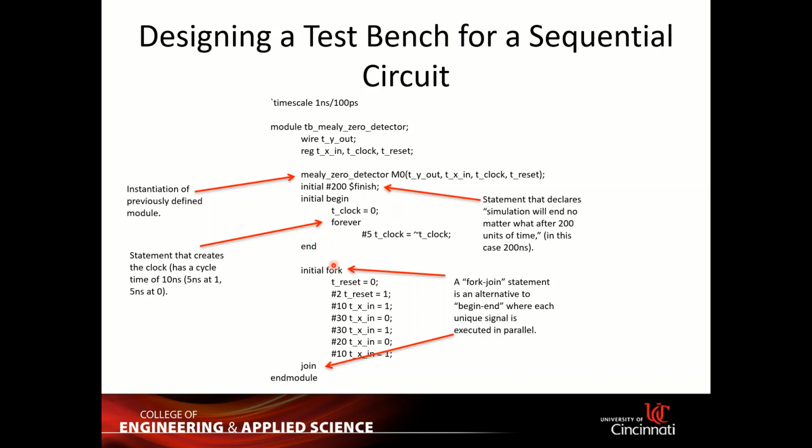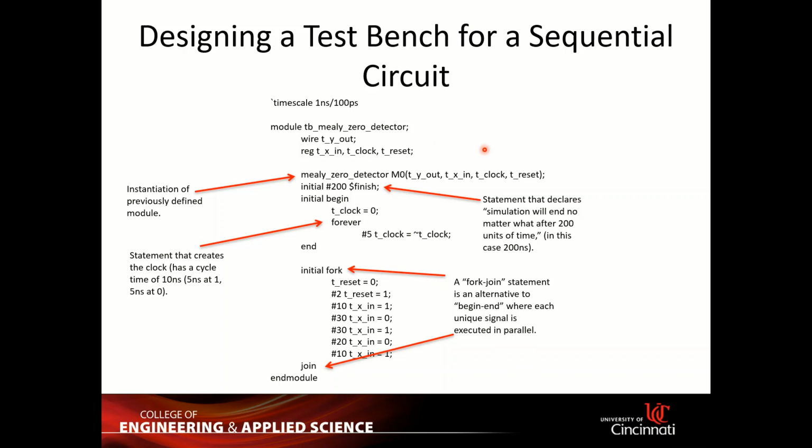If you use begin and end, you don't have that parallel execution. So here is how you have these two components run at the same time. You can have your reset and input assigned in this block.